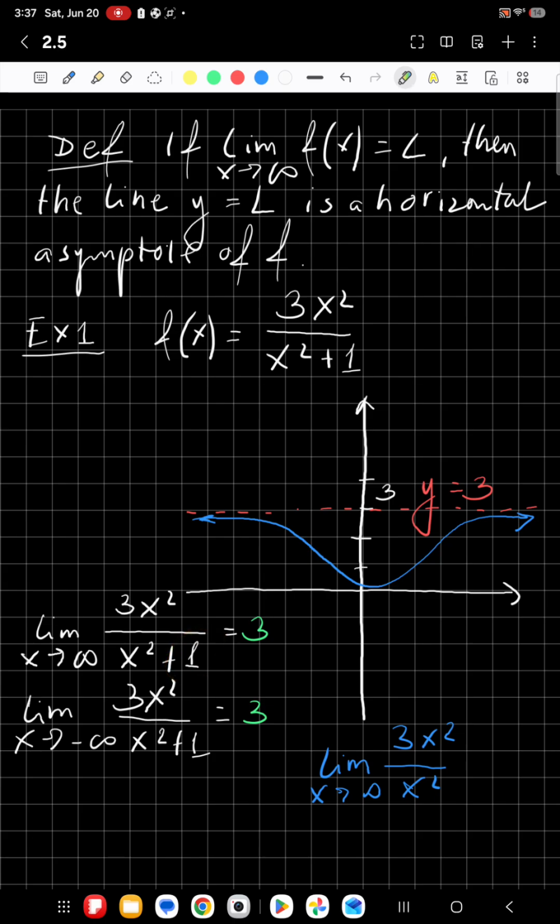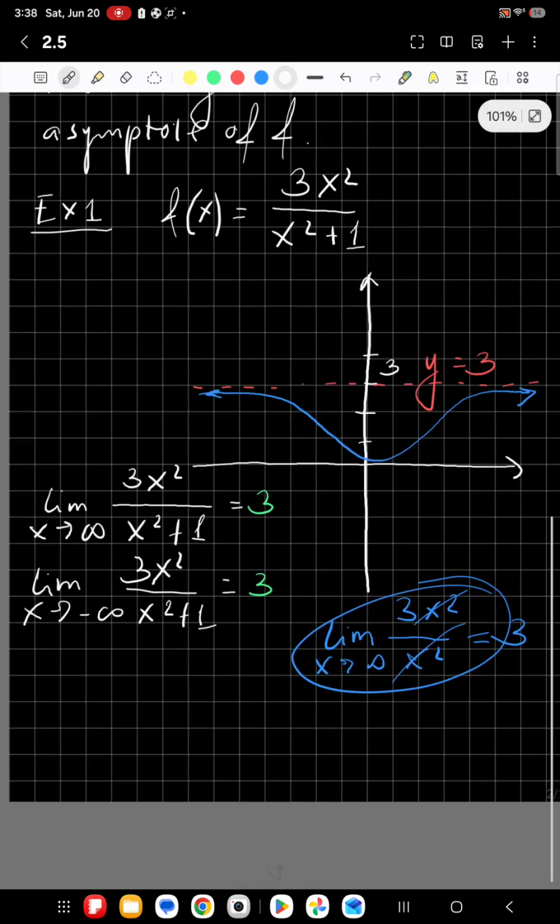Those x squared cancel out, and we simply have 3. That's the intuition behind it, and in a moment I'll show you how we can solve it algebraically. So let's open the next page.